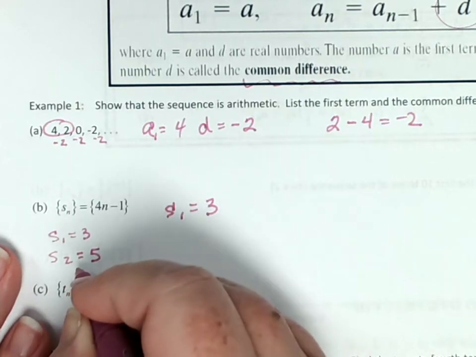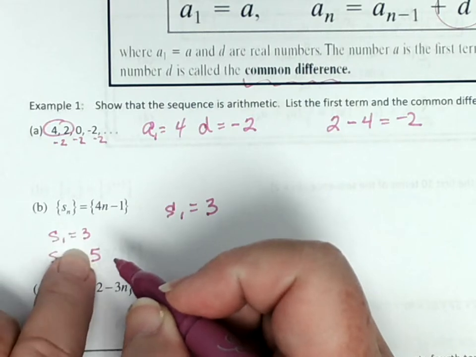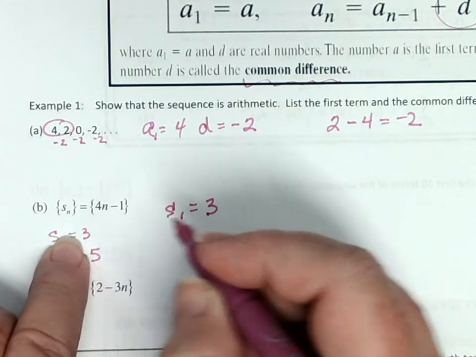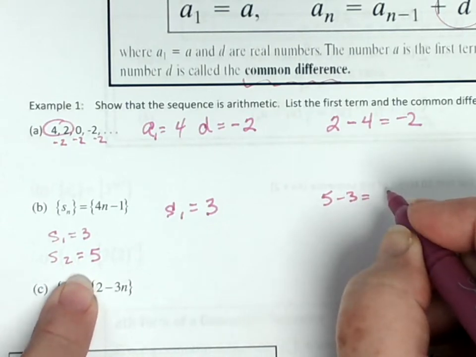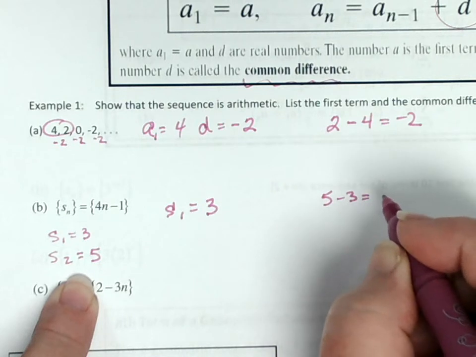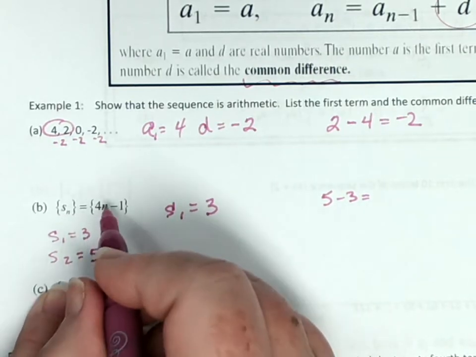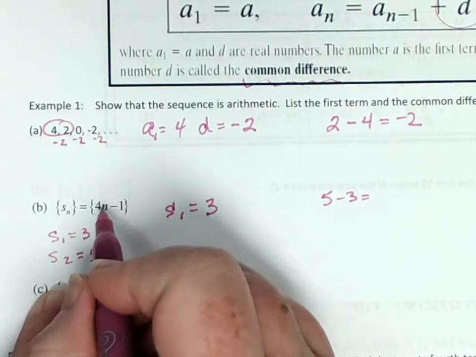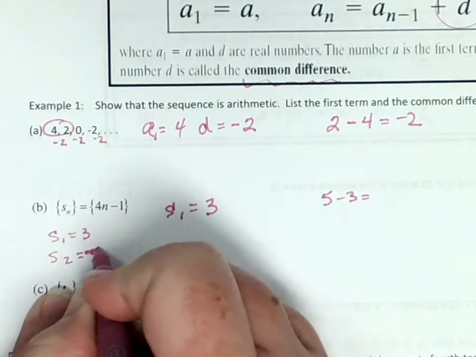But what is the common difference? This would be the first two terms, so that's 2 in a row. We take the second one minus the first one. I just noticed I made a mistake. If I plug in 2, 8 minus 1 is 7, not 5.